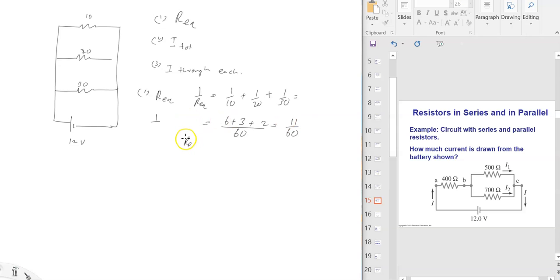So Req, you flip it, 60 divided by 11, 5.45 ohms. Double check.